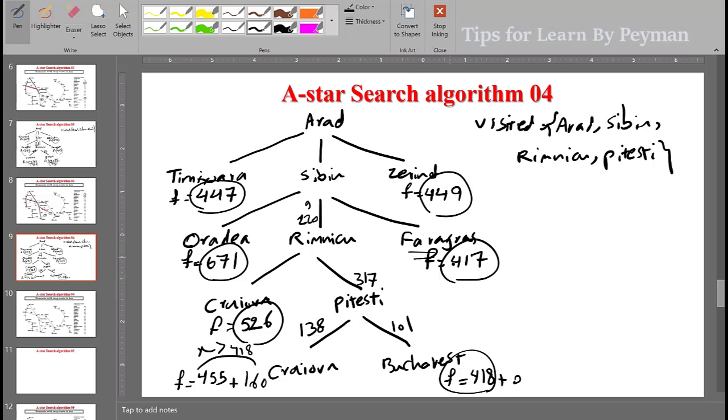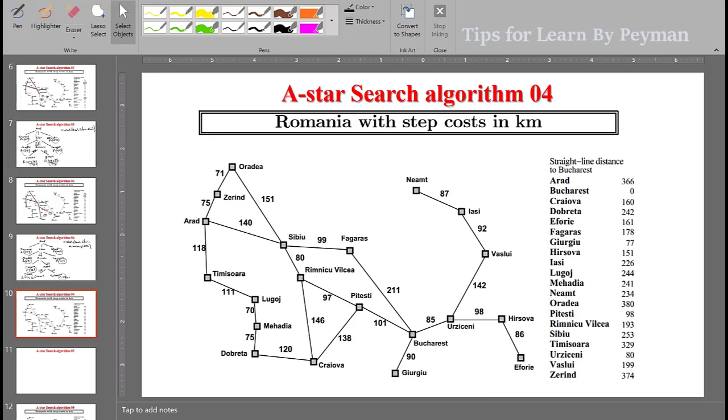So in the next level, we should choose the Fagaras instead of choosing the Bucharest in the visited list. So in fact, it would be something like this. We choose this. We open these nodes here. We open here, here, here. Okay, but when we start from here, we first open this one, and then this one, and then this one.